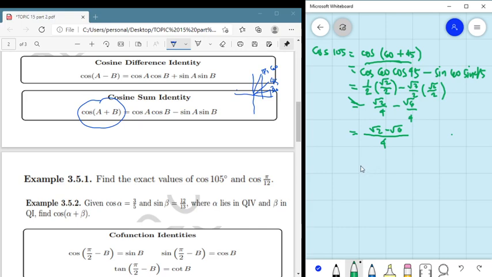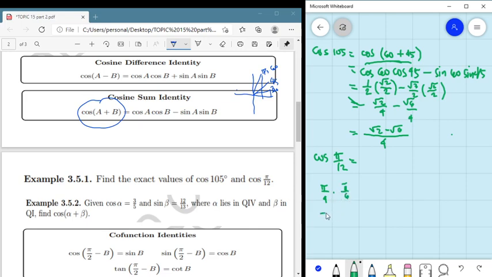Okay, what about pi over 12? We have cosine of pi over 12. Since it is over 12, we can express it as pi over 4 and pi over 6.